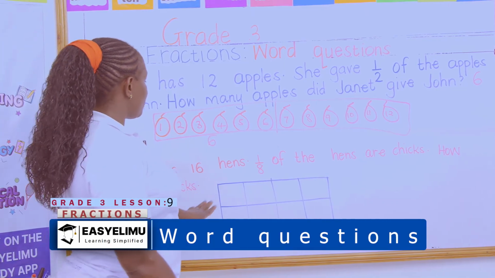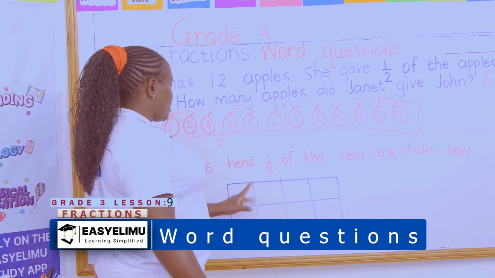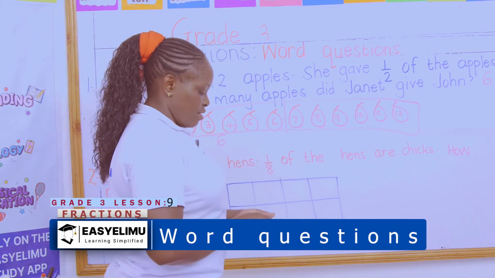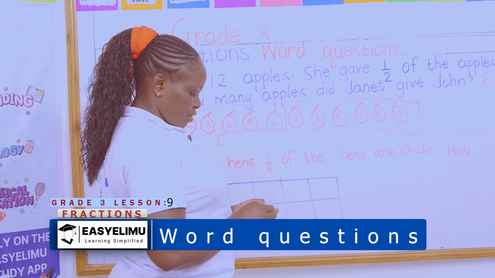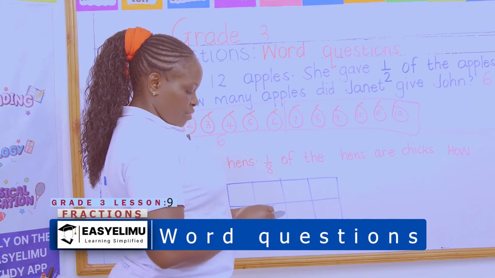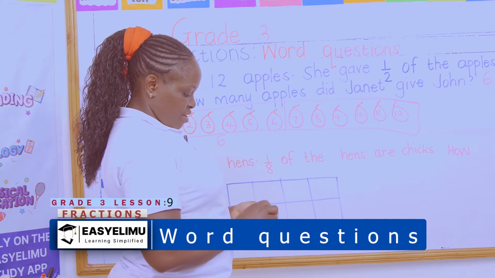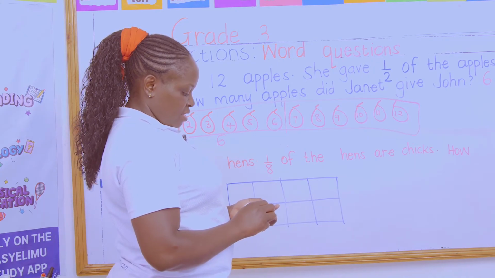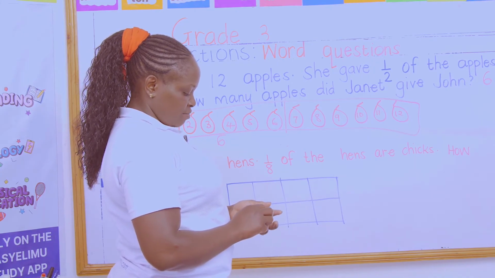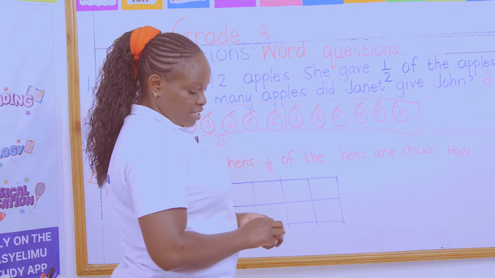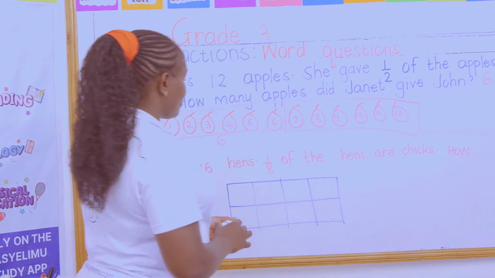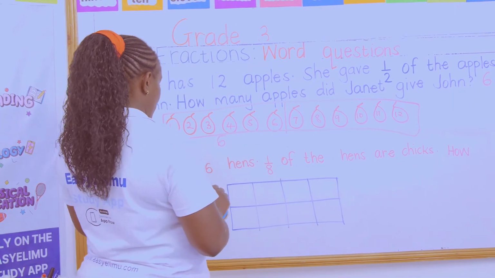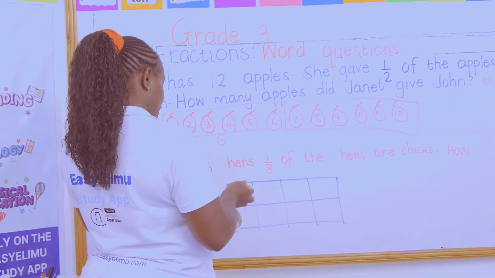So we want to share out these 16 equally among the eighth. 1, 2, 3, 4, 5, 6, 7, 8, 9, 10, 11, 12, 13, 14, 15, 16. Did I say these are hens? These are not hens. But we want to see how many will fit in each.